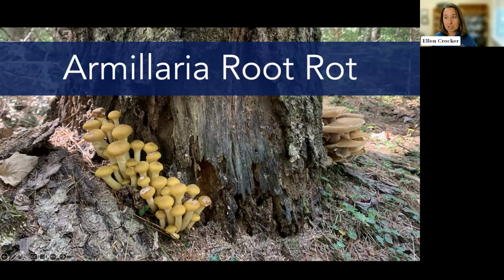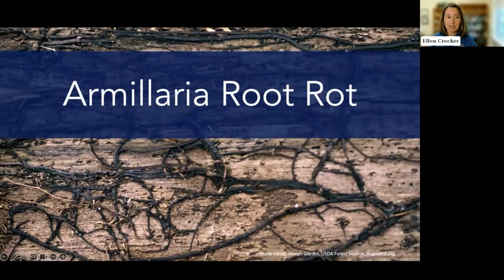But while those mushrooms are produced ephemerally, they come and they go, the fungus is in the tree 24/7, digesting that wood and breaking it down, causing that decay. So that's happening all the time, even if these mushrooms are only produced every now and then.